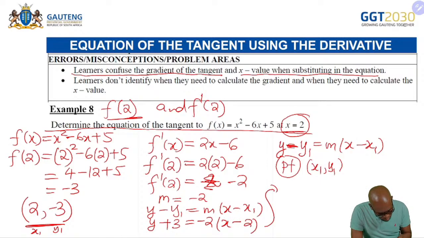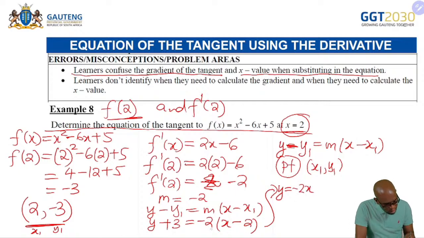If I simplify this, I'll get that y is equal to minus 2x plus 4 minus 3, this would be plus 1, because this would be plus 4, and then when I transpose the 3. So that is the equation of that particular tangent.